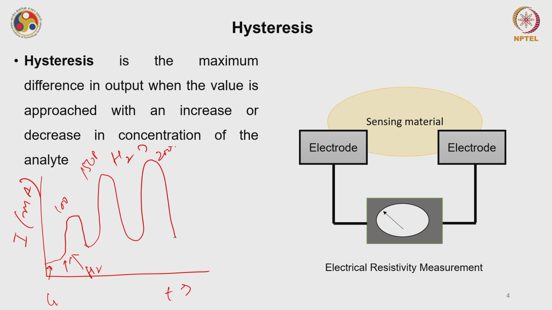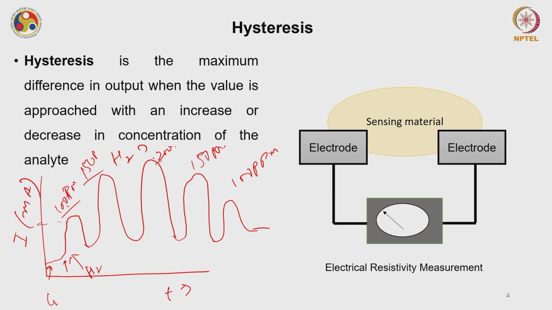So now I started bringing the concentration low. Say this is my response at 150 ppm and another response at 100 ppm. So I have data from increasing concentration of hydrogen from 100, 150 and 200, and then going back from 200 to 100, so 200, 150 and 100 ppm.